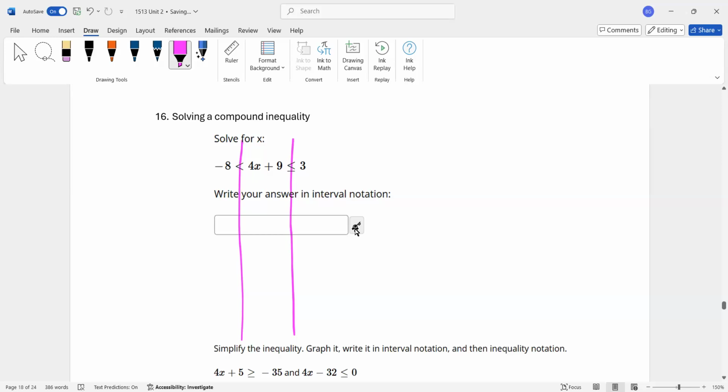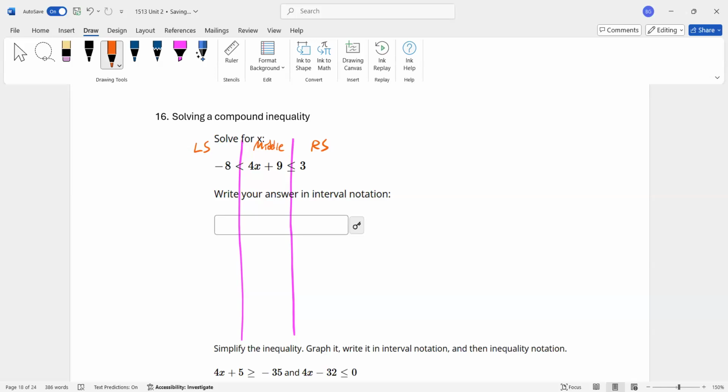I call this the left side, this is the middle part, and this is the right side. In the middle, we have 4x plus 9. It is bigger than -8 and is less than or equal to 3.